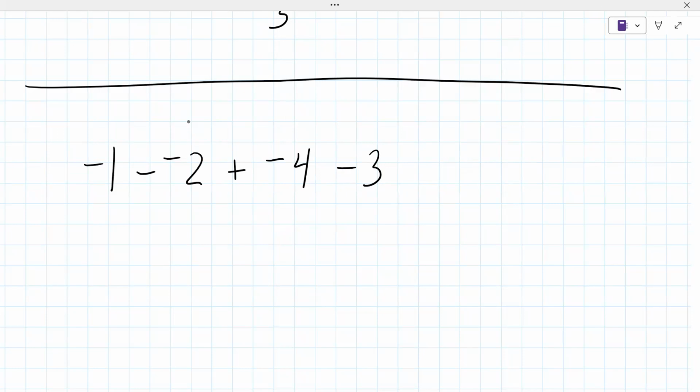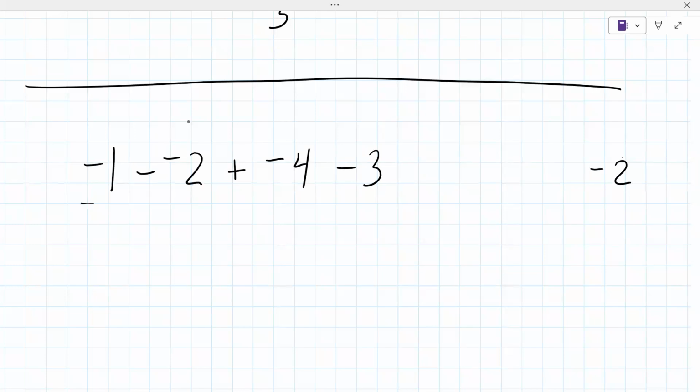Subtract 3. Wait, that's negative. So 5 subtract 3 is 2. -2. Okay, I got my answer. What is your final answer? So my final answer is -2.